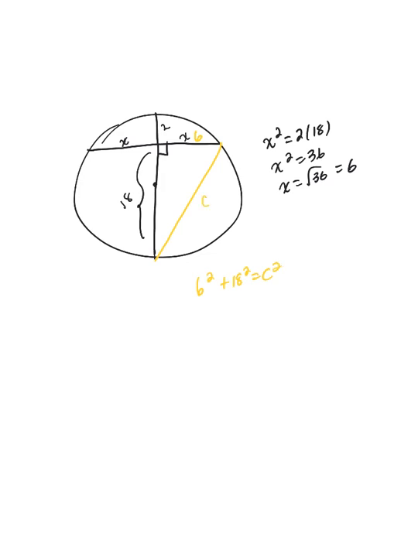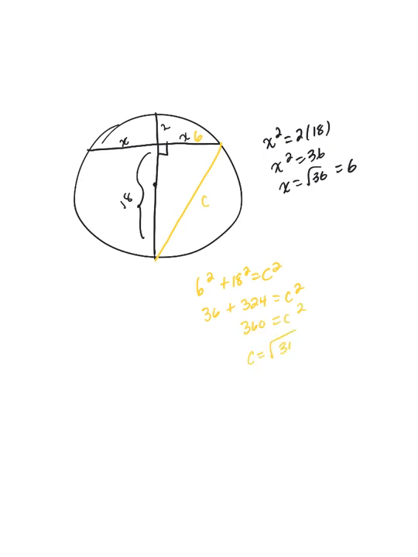So you have 36 plus, okay, I think 18 squared is 324. Let me double check. Yep, that is correct. That's what happens as you get old, people. You guys get this stuff memorized. All right, repetition works. So anyway, I get 360 is c squared.